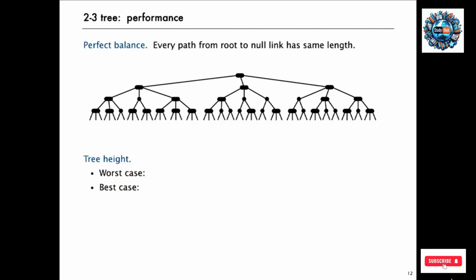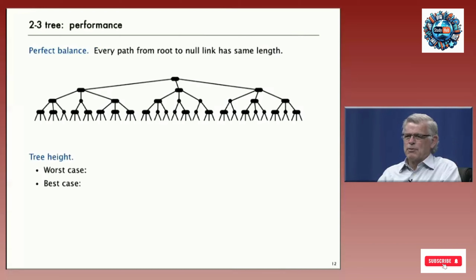So that's going to give us a very easy way to describe the performance. All our operations have cost that's proportional to the path length from the root to the bottom, and every path from the root to a null link has the same length. How long can those paths be?